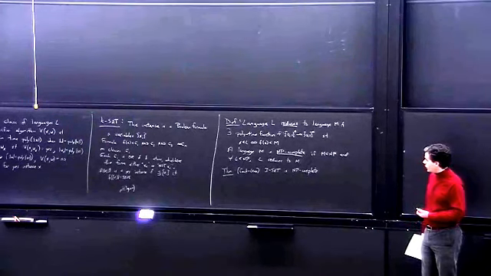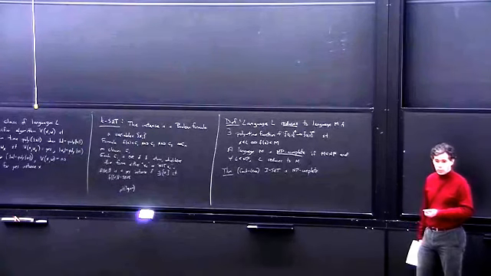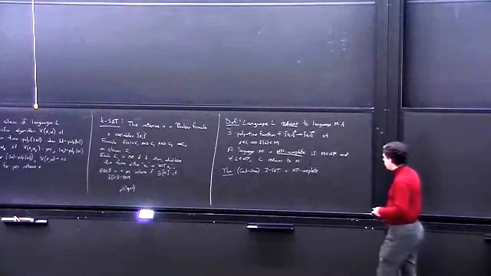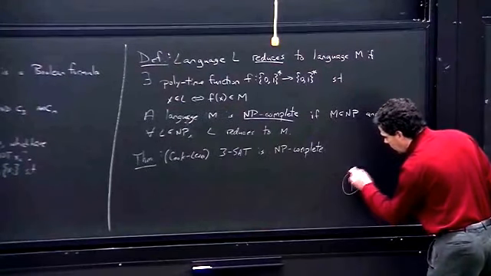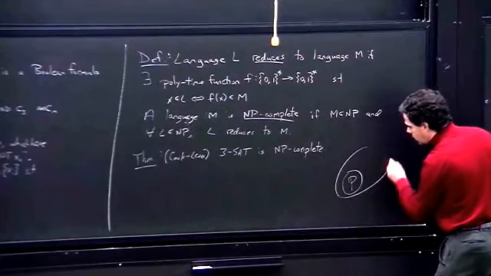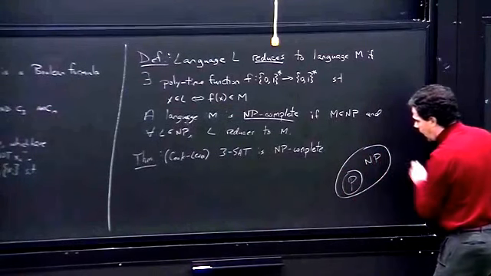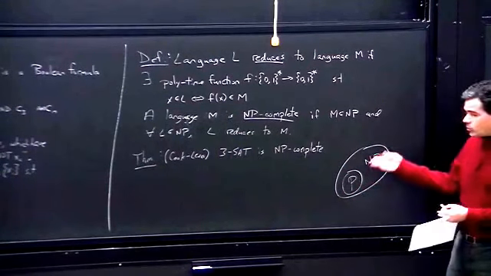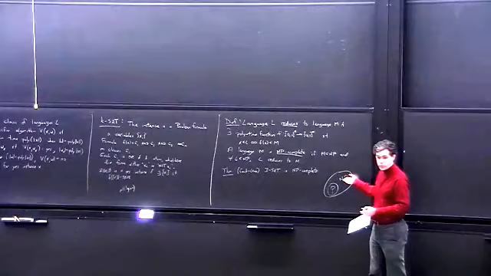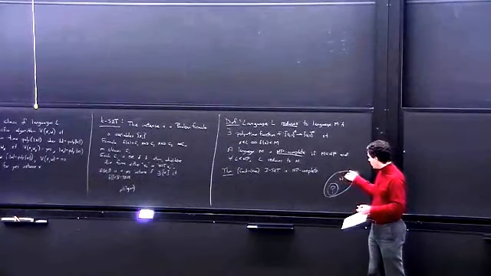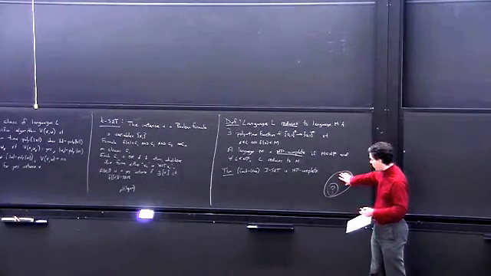OK. So let me quickly mention where quantum computers fit in here. I already told you that P is inside NP. And it's a big open problem whether P is equal to NP. Most people think that P is not equal to NP. So the Venn diagram looks like this, where there are some problems outside.